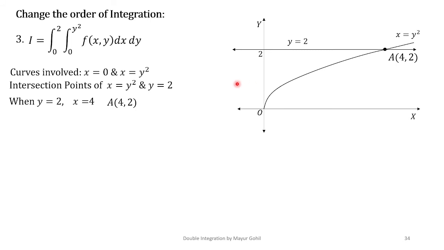When the horizontal line is passed, it must first enter at the x equals to 0 equation, that means the y-axis, and then it exits at the parabola y square equals to x.